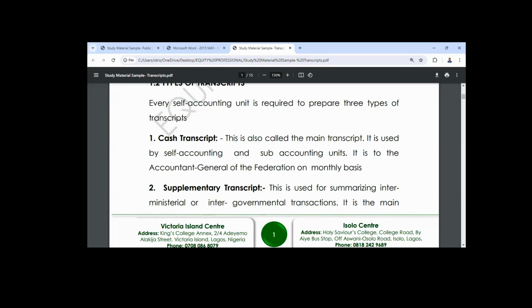Cash transcript is the final transcript that is normally submitted to the Accountant General of the Federation on a monthly basis.